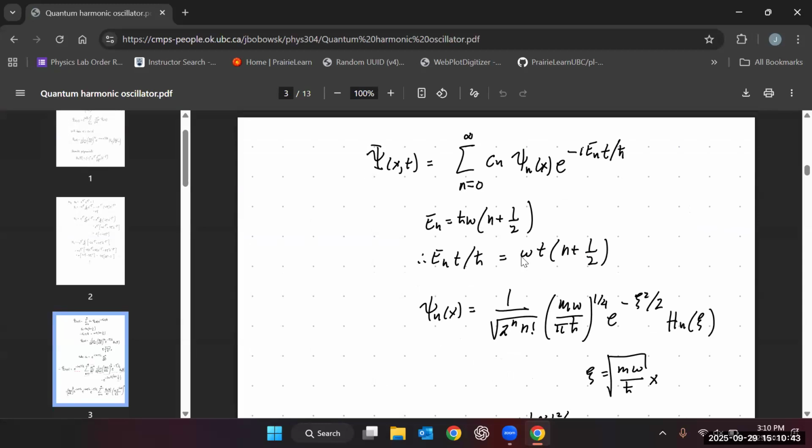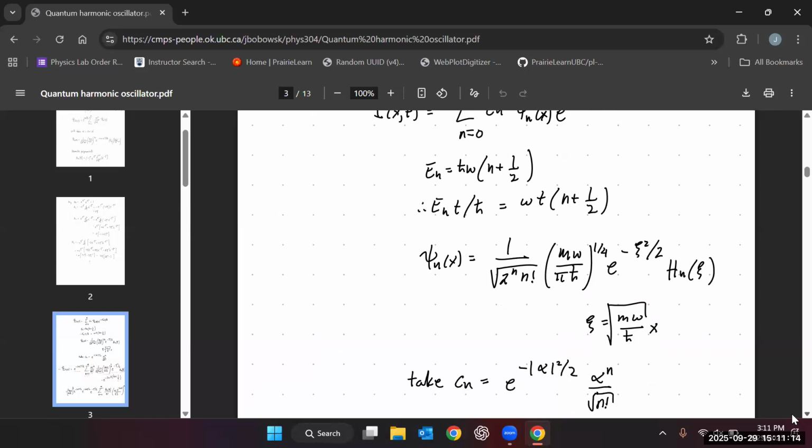So I'm going to take some superposition of those, and I'm going to put the time dependence back in with our e to the minus i E_n t over h bar. That we got, remember, from our separation of variables solution to the time-dependent Schrodinger equation. For the harmonic oscillator, the energy is just n plus a half, okay, times some constants. So what I'm going to do is I'm going to make a particular choice for my Cn coefficients.